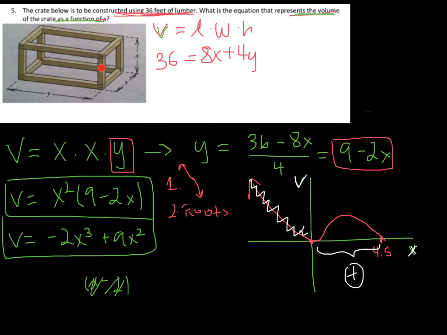You'd already run out just taking care of your x lengths. And in fact, 4.5 is the cutoff mark, right? If you put in 4.5 for x, what would your volume be? It'd be 0, because 4.5, just in considering the x values, would take care of all of the lumber you have, and you'd have nothing left for your y values.